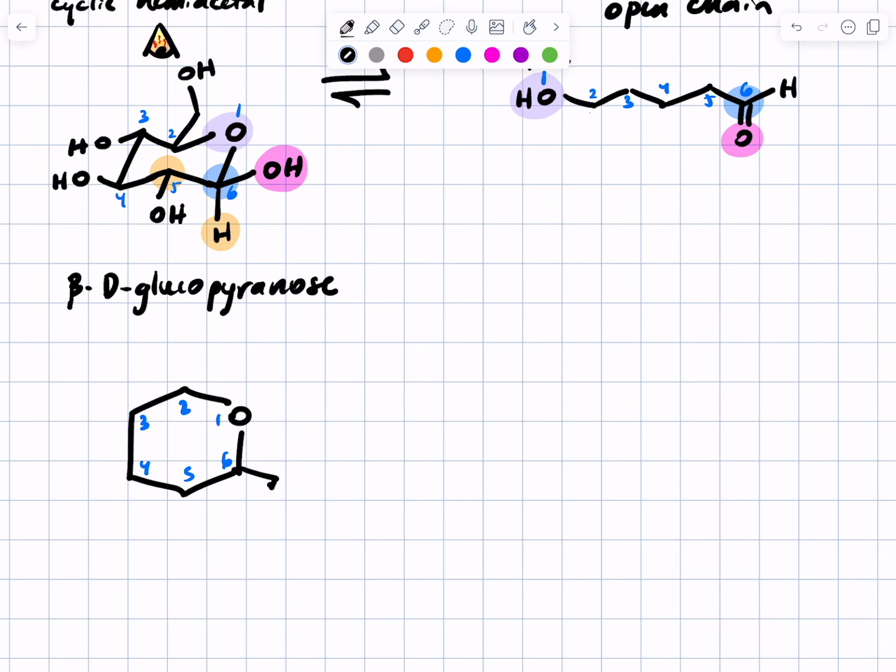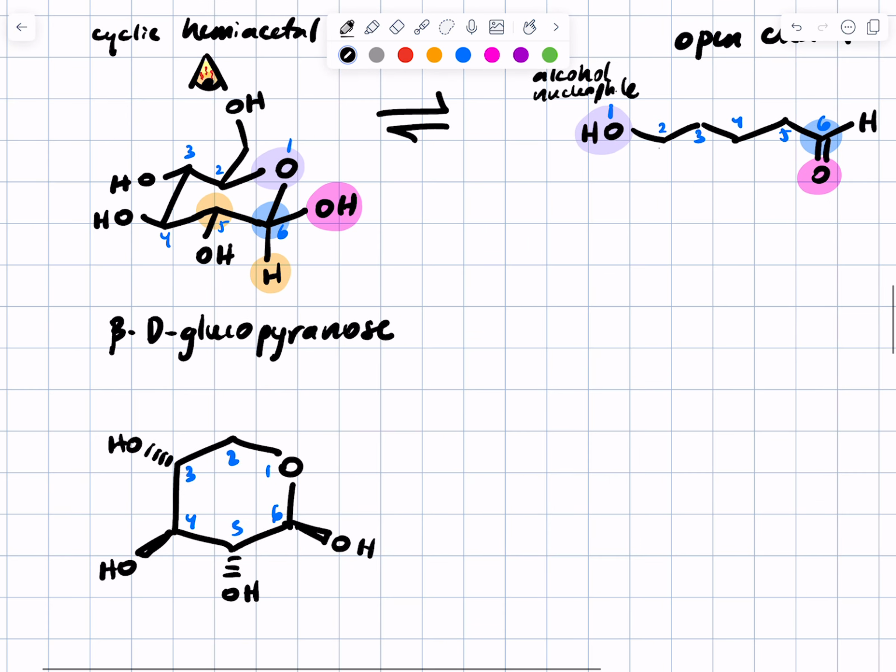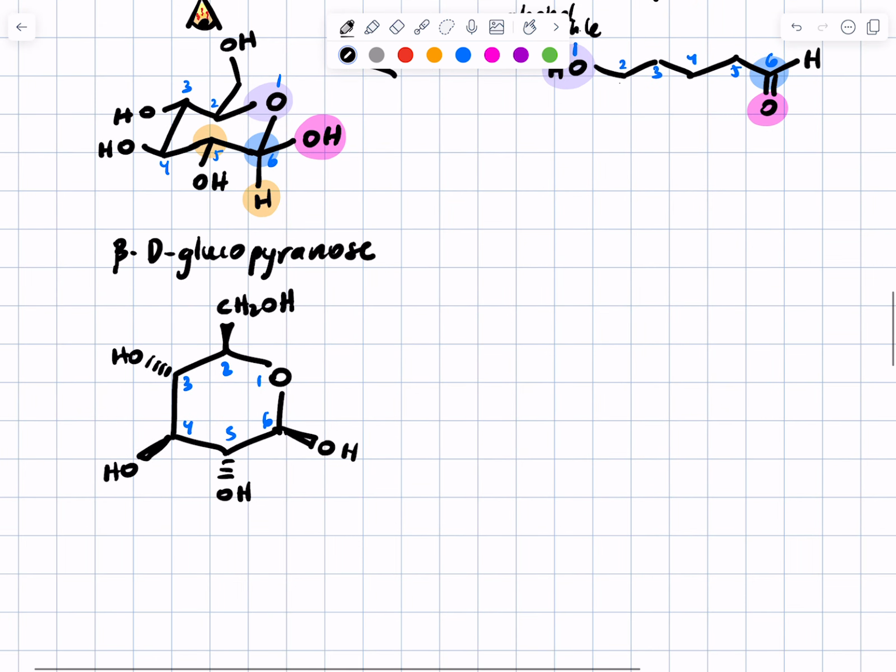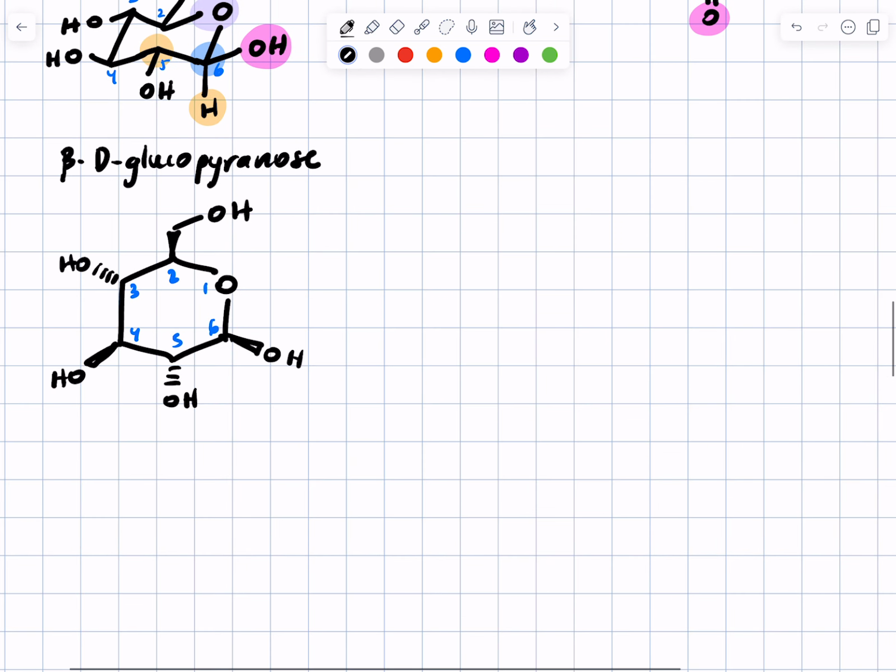Come on, you better know that. Good. Okay, 5 should be a dash for similar reasons. 4 should be a wedge. Let's see, 3 should be a dash, and then the CH2OH group on carbon 2 is an equatorial up position, so that makes it a wedge. I found it most convenient to draw the molecule like that. If you want to not draw the CH2OH and just draw a line like that, that's fine.